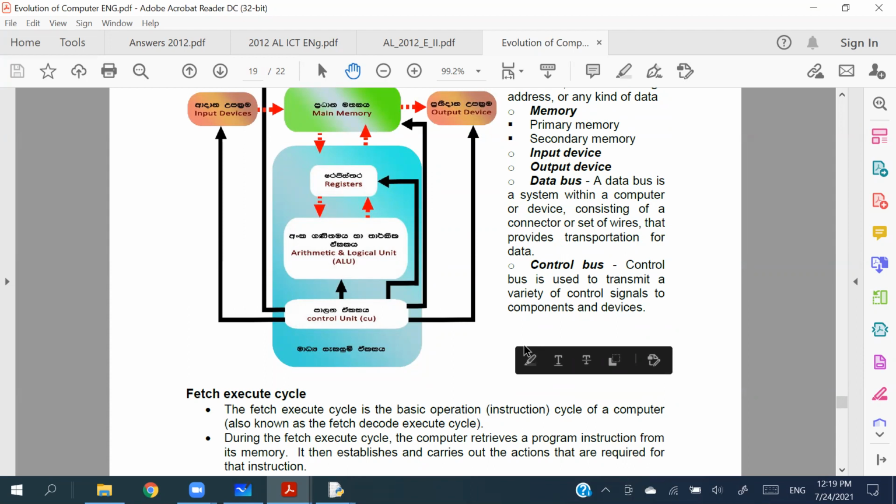So write down: an address bus is a computer bus architecture used to transfer data between devices.